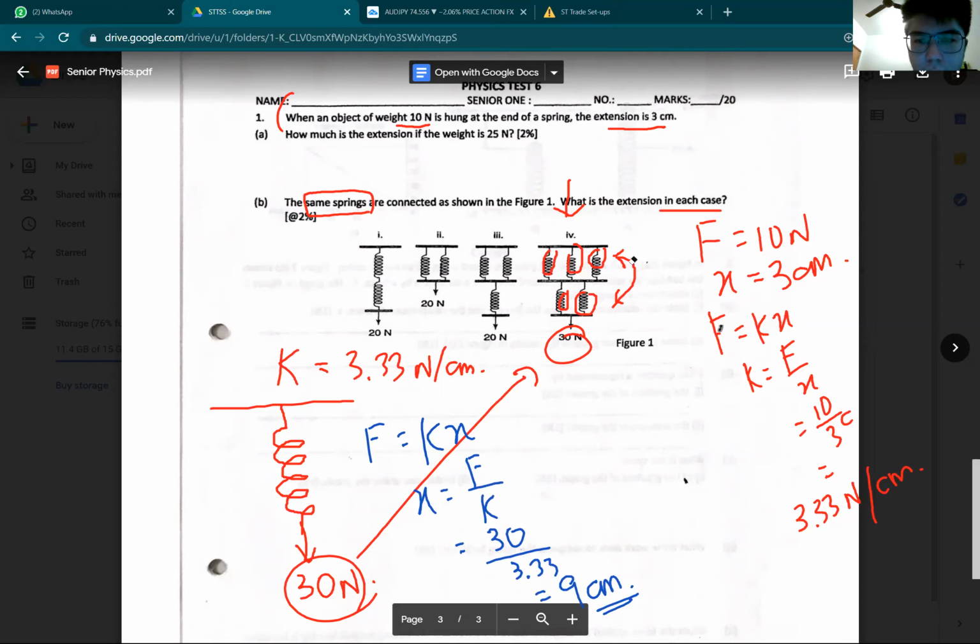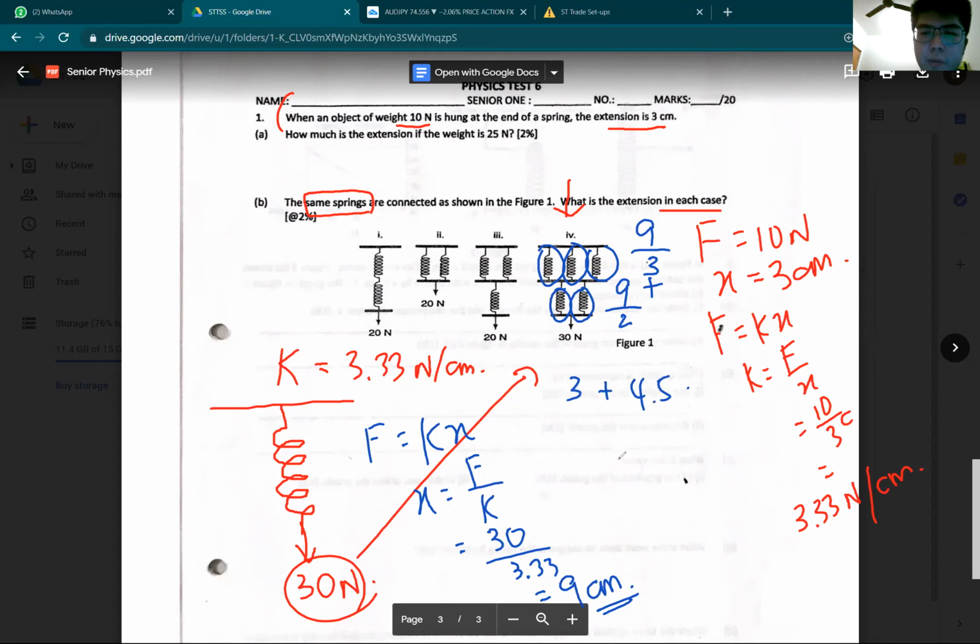Then you work out what is the extension of this system. Again, you separate level 1. This one you have 3, so 9 divided by 3. Level 2, you have 2, so 9 divided by 2. And then you plus together. Okay, 3 再加 4.5.